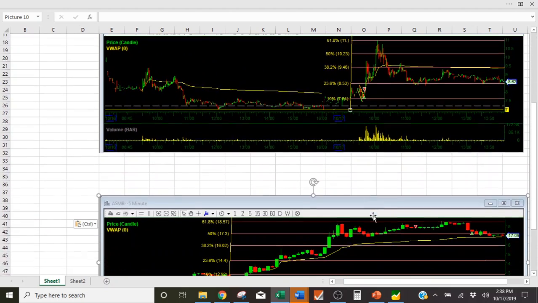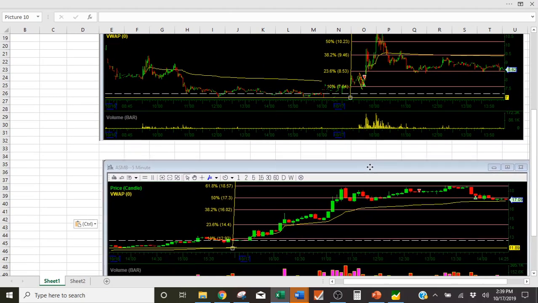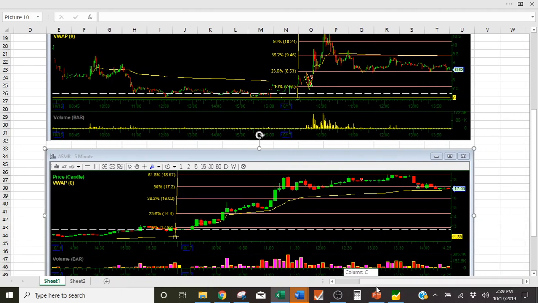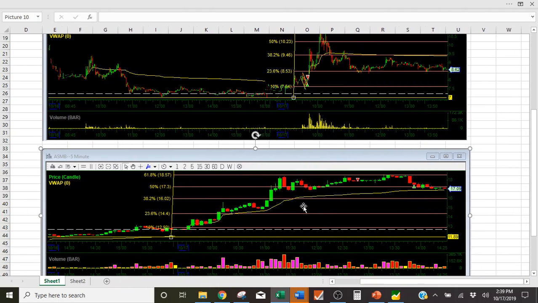And then later in the day, I also saw ASMB. And the reason why I got into this was it keeps hitting on the 61.8% fib, and then it failed. But I saw it hit here, red candle, red candle, red candle. I went in on that red candle, and it consolidated.